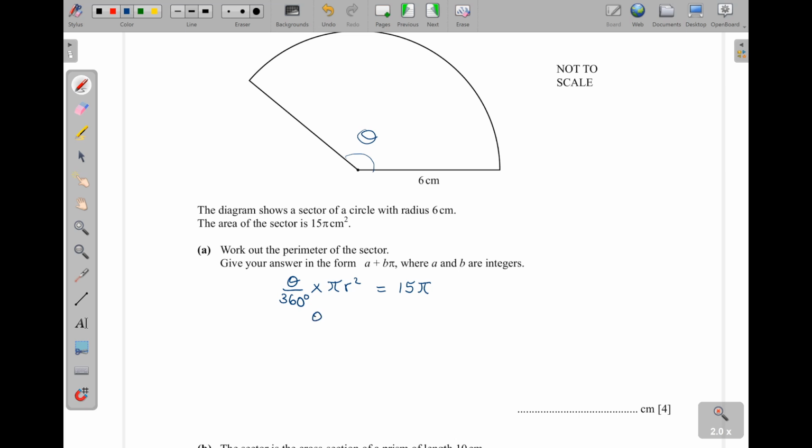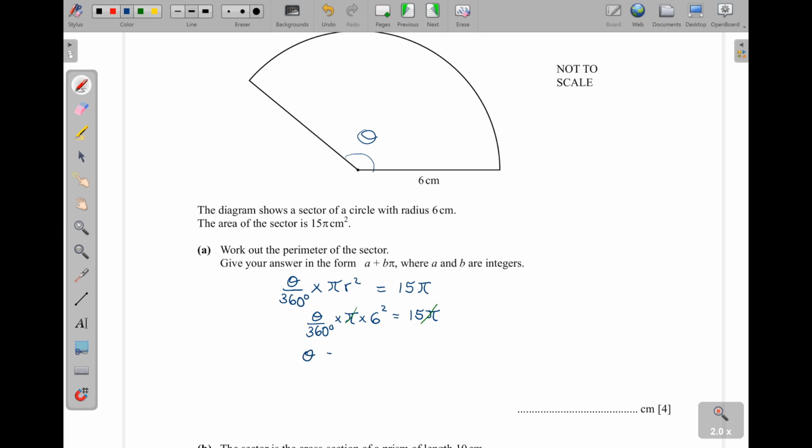Then we shall have theta over 360 degrees, times pi, the radius is 6 squared, which is equal to 15 pi. So automatically here, the pi will disappear. For us to get theta, I'll make it the subject.